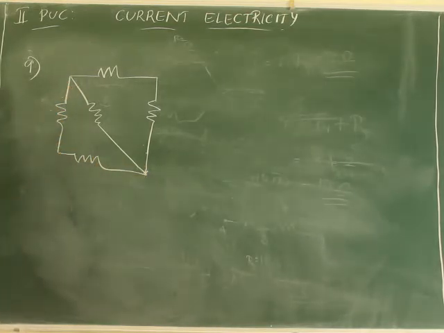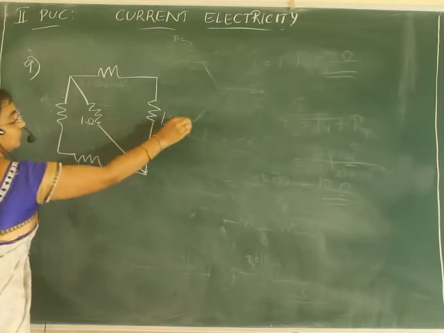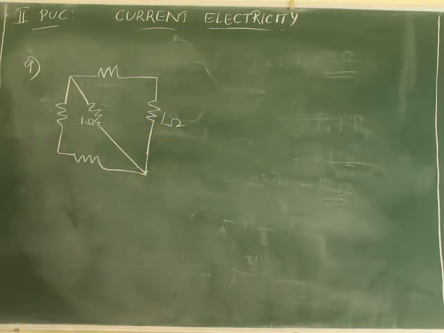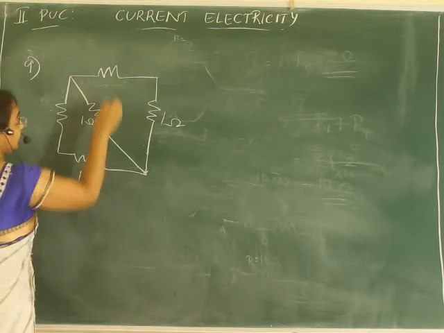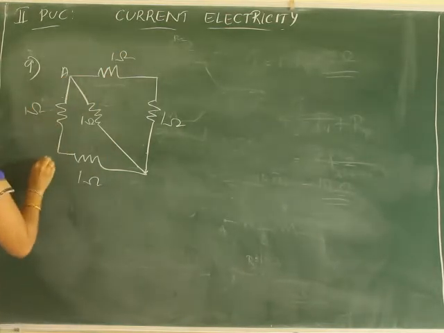Correct? Shall I mark it now? 1 ohm, 1 ohm. Everywhere it is 1 ohm. Fine. It's easy for me to write. A, B.